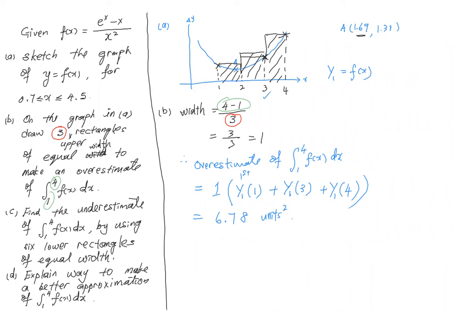Miss Doe. Yes. Why don't you take 2? You can't take 2 because I want overestimate. Okay, if you use 2, let me draw for you to see.